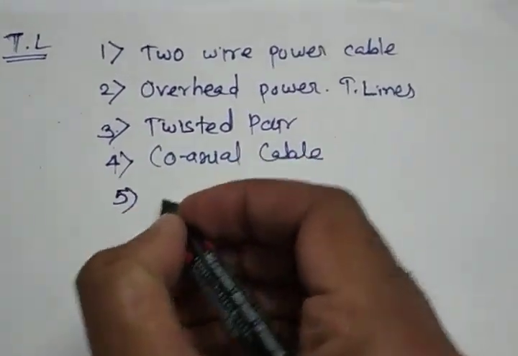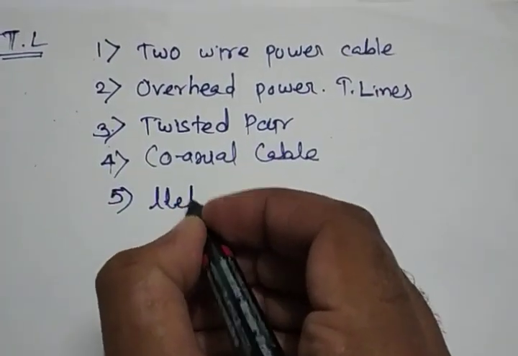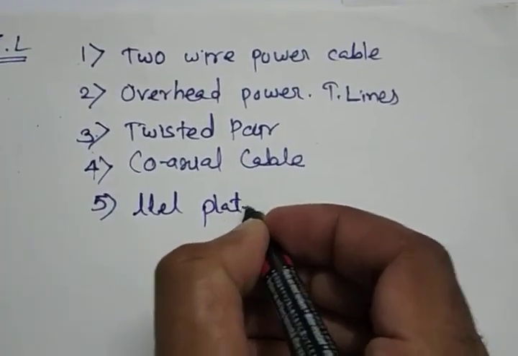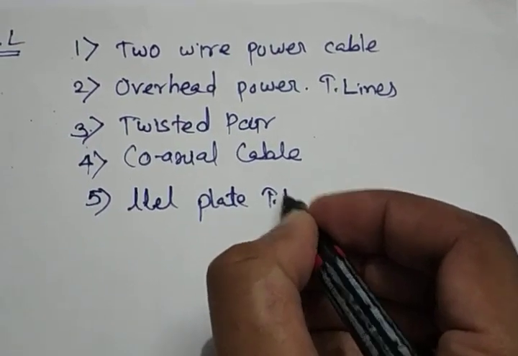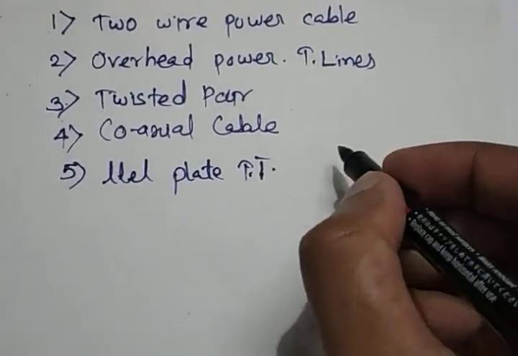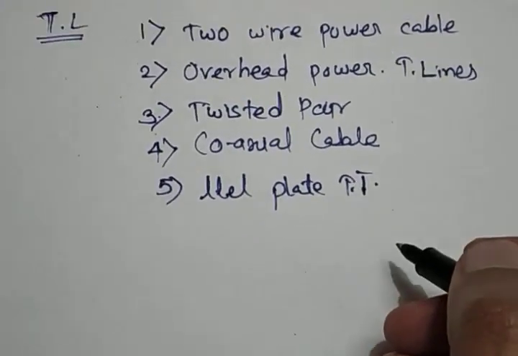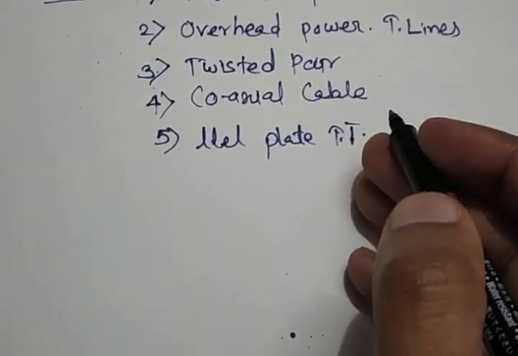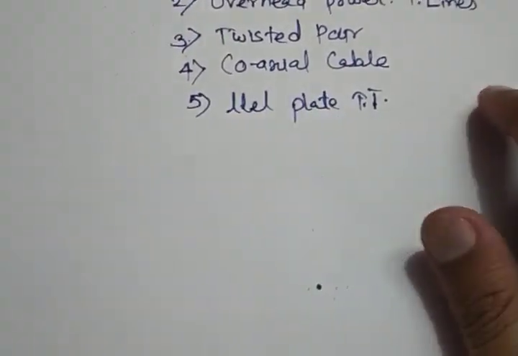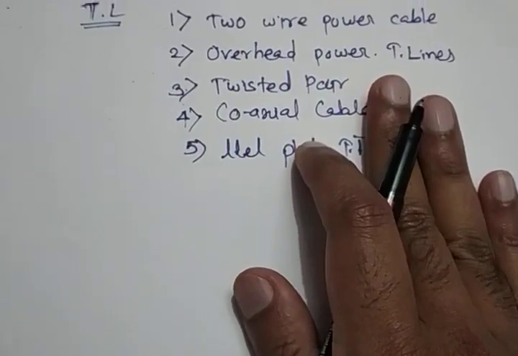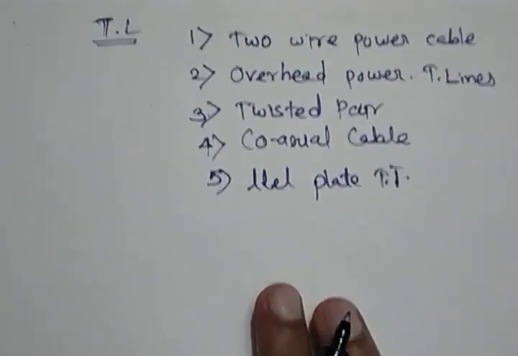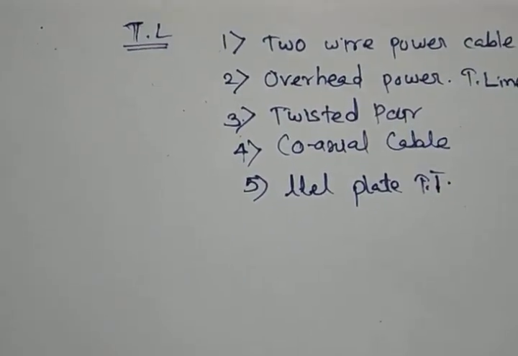So we may also have parallel plate transmission lines. If we consider a parallel plate capacitor, for example, of infinite distance, one plate can be treated as one conductor and another plate as another conductor.